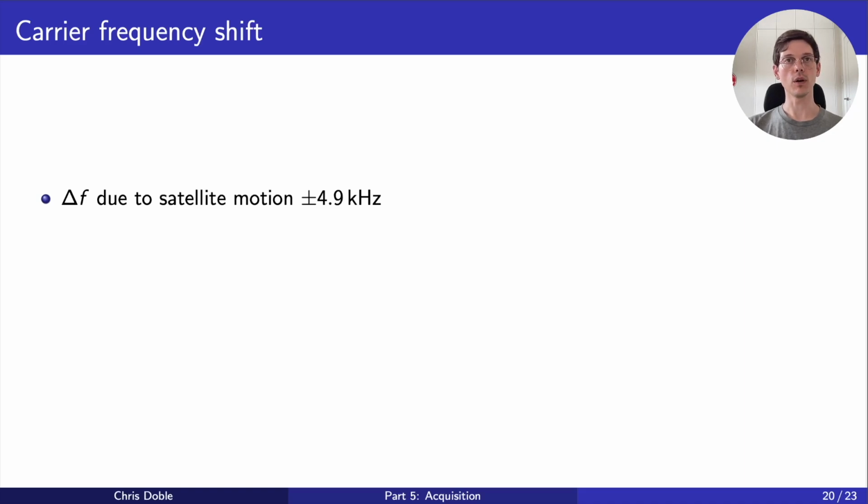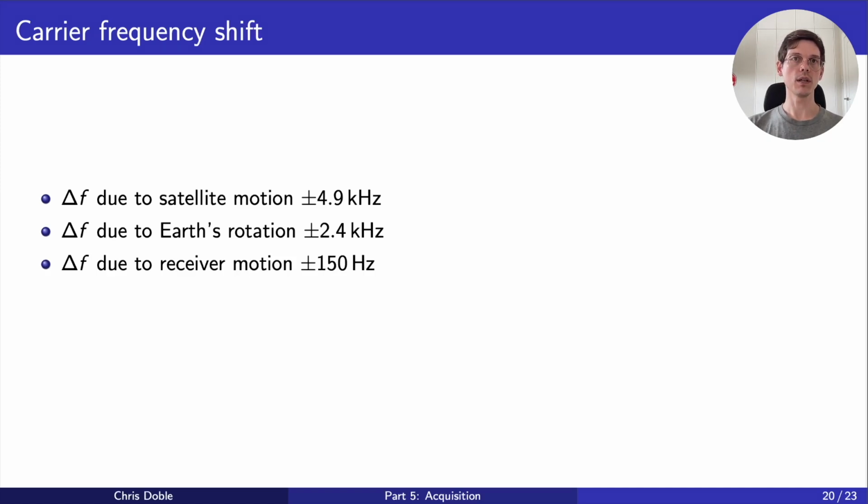The rotation of the Earth could result in another plus or minus 2.4 kHz, and motion of the receiver, for example if it was in a car, could result in another plus or minus 150 Hz. That gives a total of around plus or minus 7.5 kHz, and means we need to search all of the shifts between negative 7.5 kHz and positive 7.5 kHz.